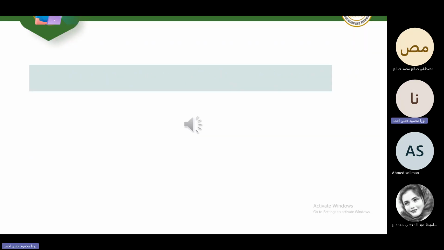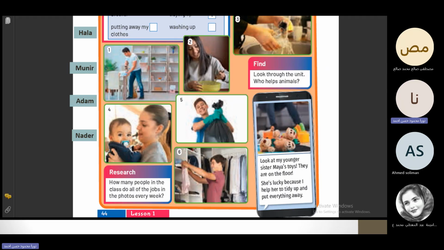Okay. So we have Hala, Munir, Adam, and Nader. I want you to tell me what is each one of them doing exactly at his home? The job he does at his home. Okay, so let's listen together.